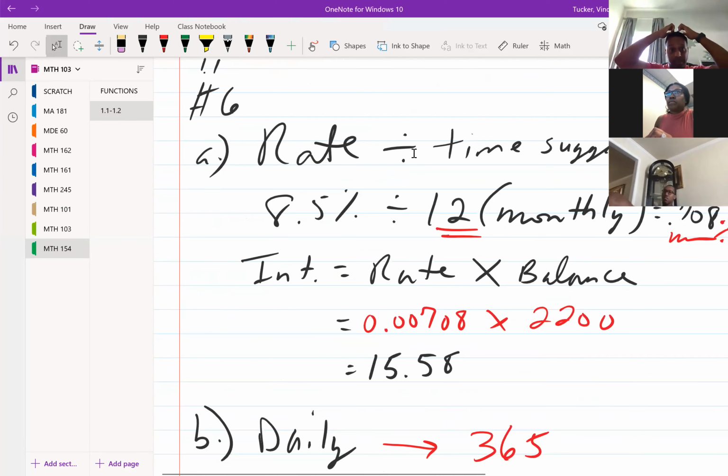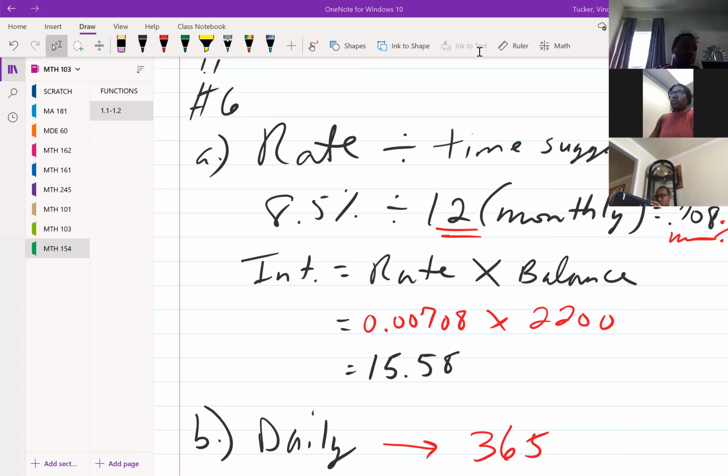Right, so looking at number 6 in 1.1, they want from us to compute the periodic rate and interest in the first period for a $2,400 loan with a 7.5% APR.